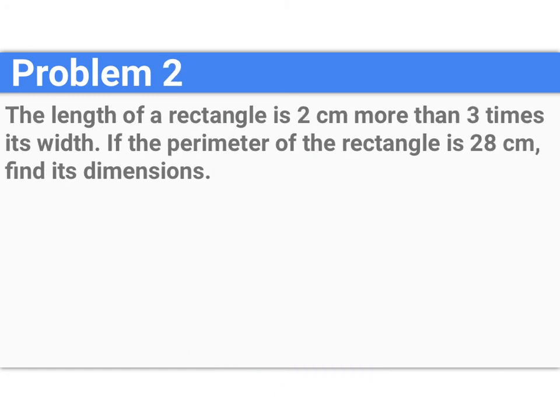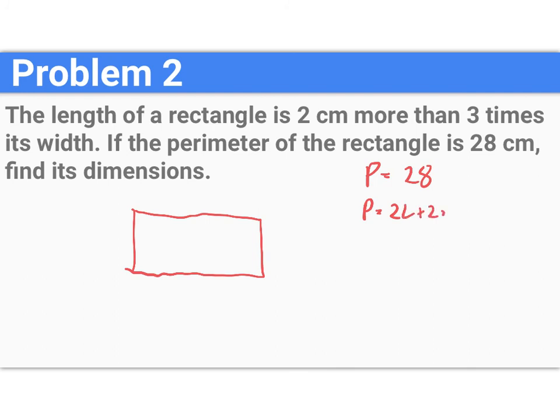Okay, the length of a rectangle is 2 centimeters more than 3 times its width. If the perimeter of the rectangle is 28 centimeters, find its dimensions. So what we have here is a rectangle, and they give us the perimeter equals 28. The perimeter equals 2 times the length plus 2 times the width.